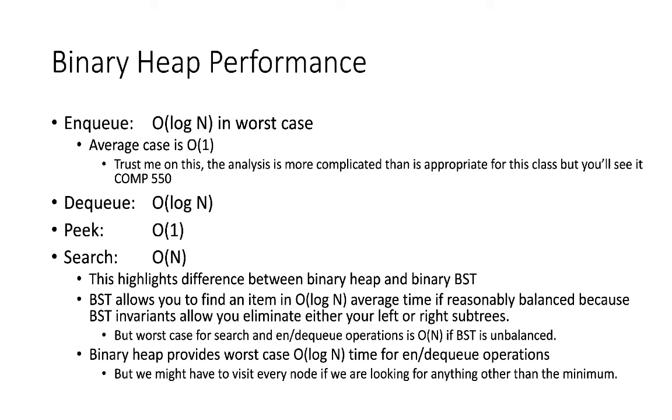Because in a binary search tree, you know that everything in your left child is smaller than the value at the node, at the root, which is smaller than everything in the right child. And so you know which direction you have to look in order to find the value you're looking for. And you don't have to look at half the values. And that's why in a balanced binary search tree, you'll get good order log n average time.